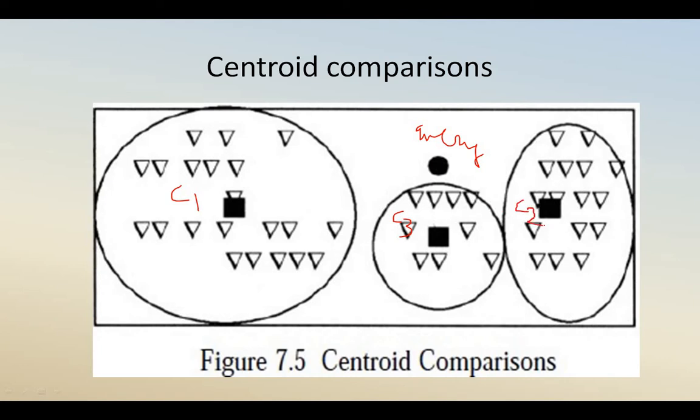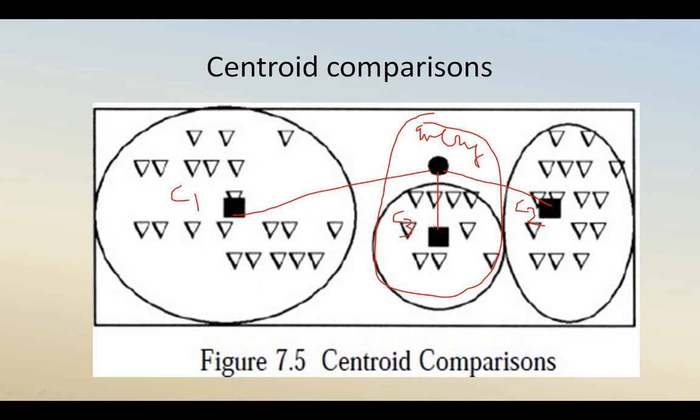The nearest similarity distance to the query is centroid 3, so the elements are retrieved from this particular cluster. This is the nearest one, and this one is far, and this one is also far. The distance is considered from the query to all the centroids. Which one has the least distance?